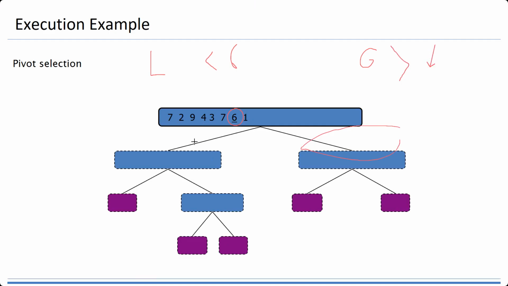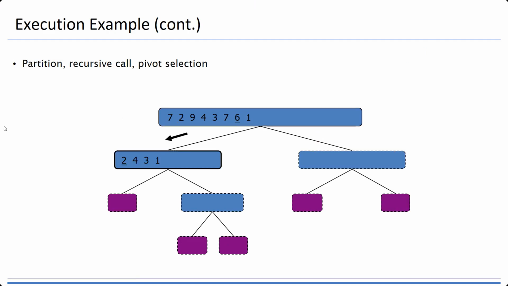What are the values less than 6? Any value less than 6 will be 2, 4, 3, and 1.